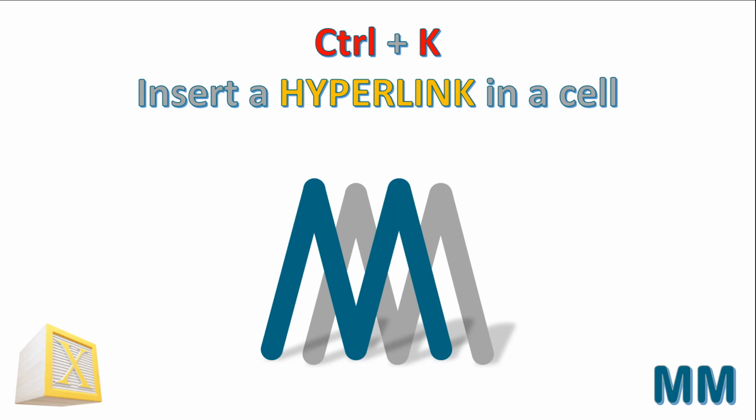So you can also create that kind of connection, that link between two cell references. Or you can also link it to an email. We will see that you can do a lot of things by inserting a hyperlink, but getting back to the topic, the shortcut is Control and K.